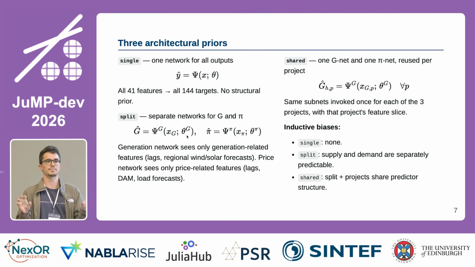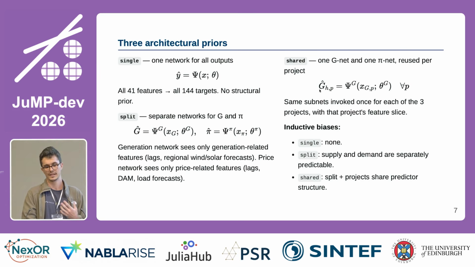So we split the networks that will forecast generation and prices and give each network only the variables that are useful to that task, forecasting generation or forecasting prices. So information like generation lags, or maybe some type of generation forecasts, will go to one network but not to the other.